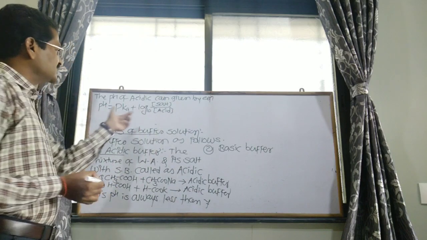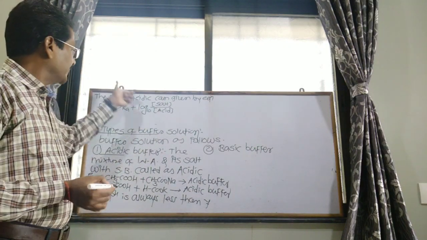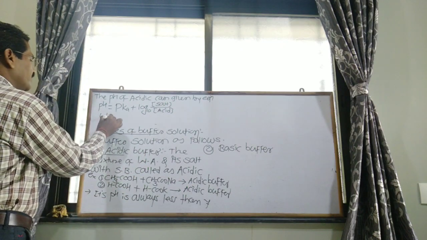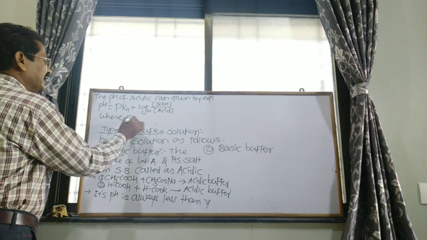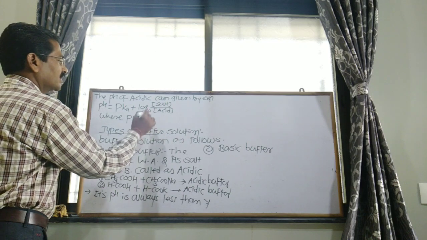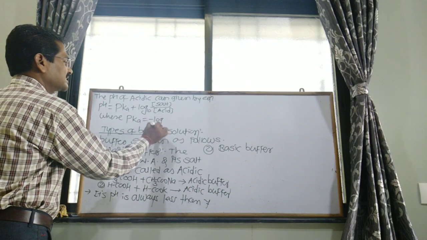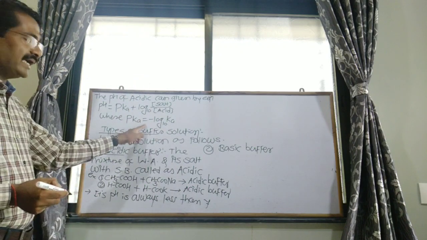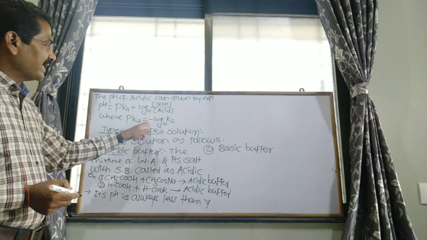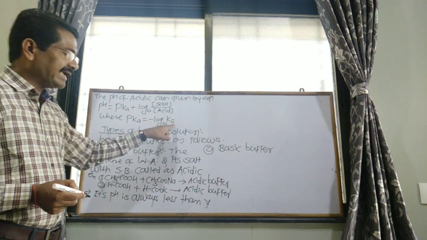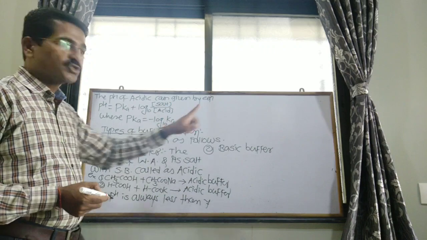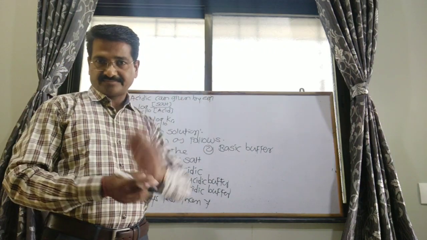This equation is used to calculate pH of acidic buffer, where pKa is equal to minus log to the base 10 Ka, where this Ka is the dissociation constant of acid.